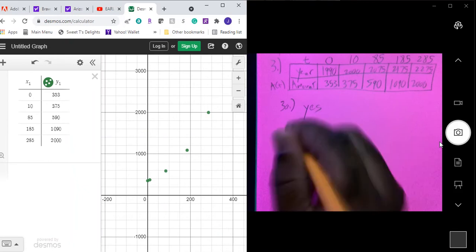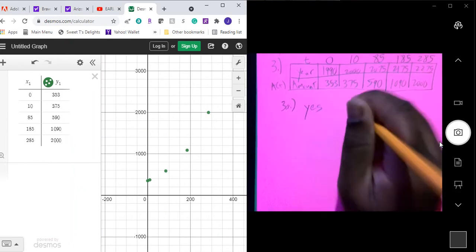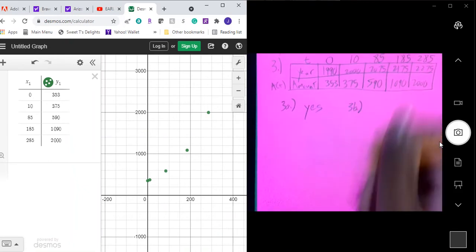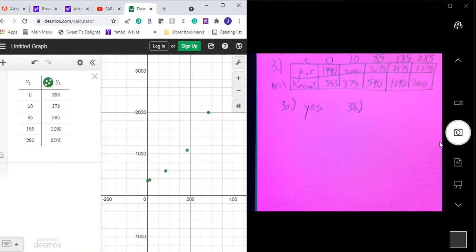Okay, now we go to 3B. It says use your graphing calculator to determine the regression equation of an exponential model that best fits the data. Now, first of all, before you're able to do the regression model, you have to know the general formula.